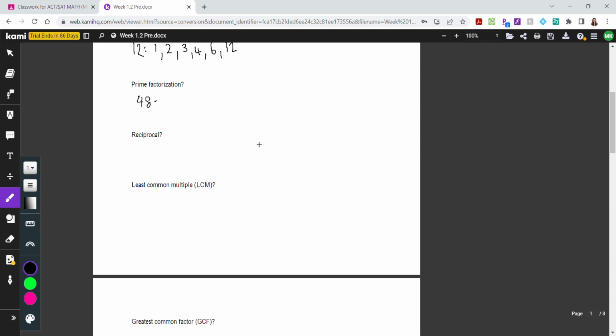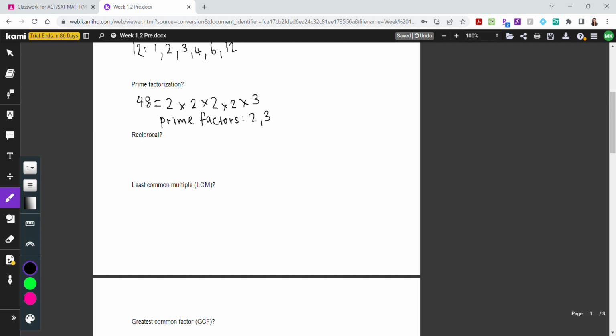If we break it down to its primes, it is 2 times 2 times 2 times 2 times 3. That means its prime factors are 2 and 3. See how I only wrote 2 once? Because it is a duplicate.